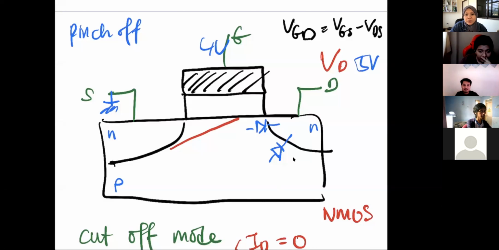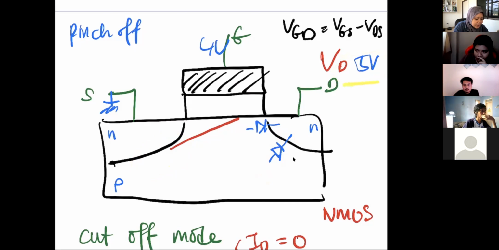Remember we talked before that there's always this PN junction, this diode over here and over here, right? As we make VD or VDS greater and greater, what happens is, can you see this, the P is over this side and the N is over this side, right? In order for the diode to be forward biased, there will be current.